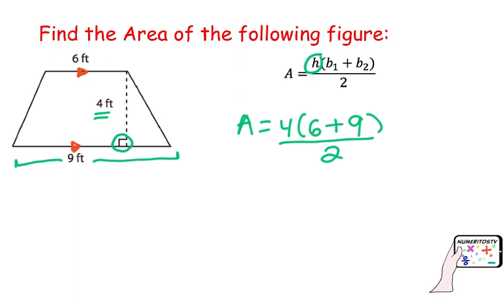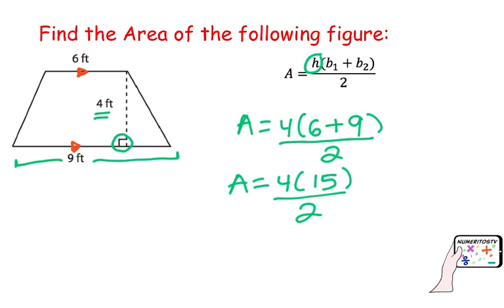Now that I substitute my values, I am going to find the area. How are we going to solve for this expression? We are going to be using order of operations. If you want a refresher about order of operations, I have a video here in the description if you want to go and practice order of operations. So first, you need to do the parentheses. So I am going to do the addition of 6 plus 9, that will be 15.